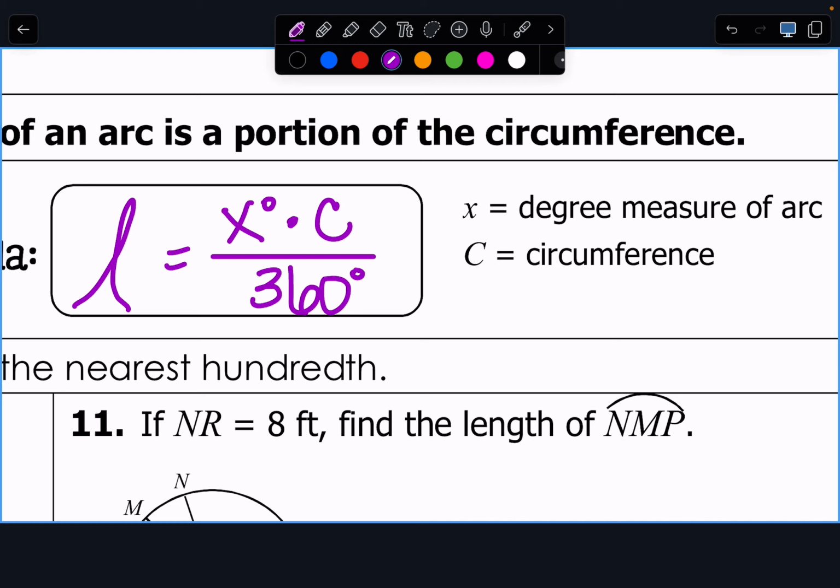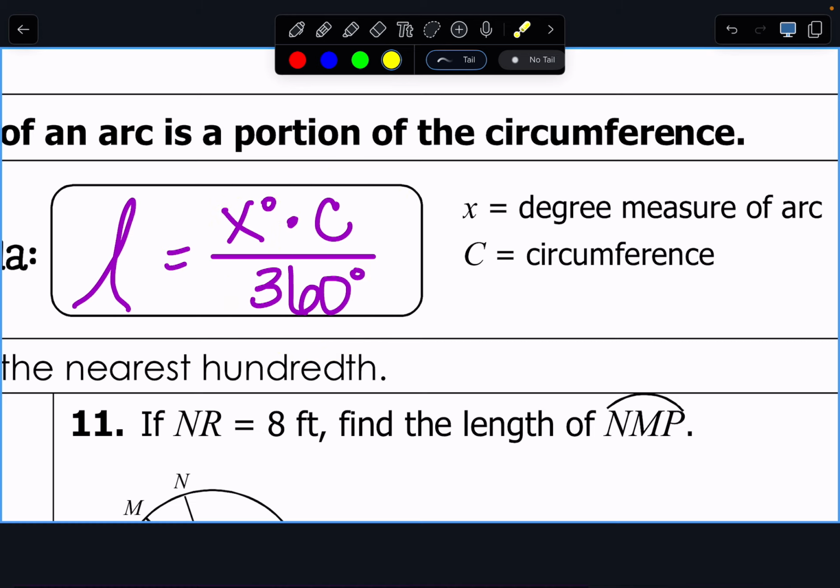Essentially, the length of an arc is just a piece of the circumference. Do you agree? So what we're doing is taking the fraction of how much of the circle our arc is, and we're timesing that by the circumference.